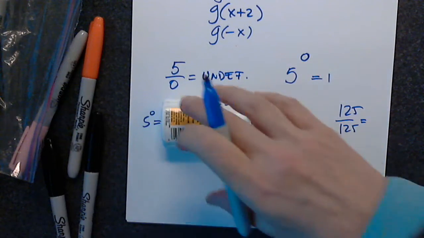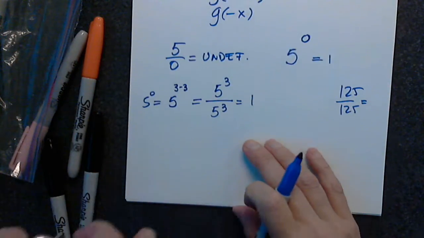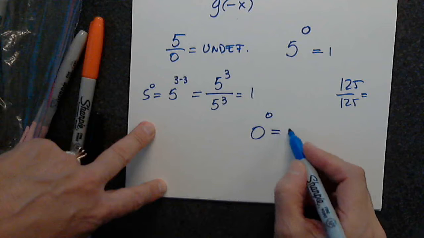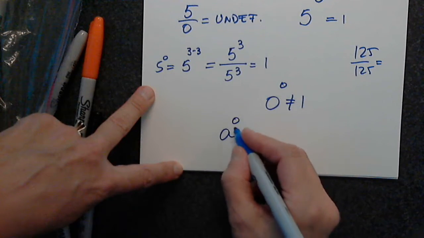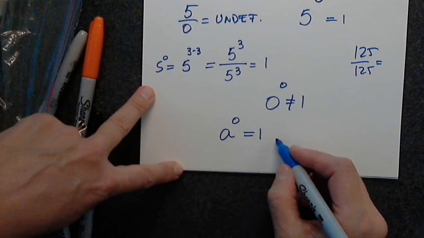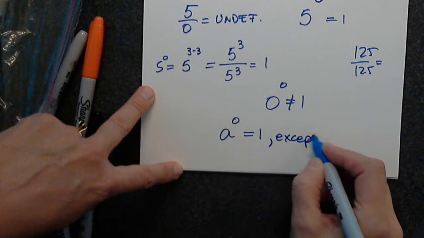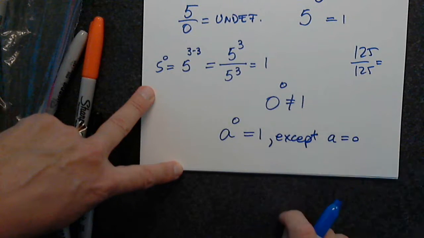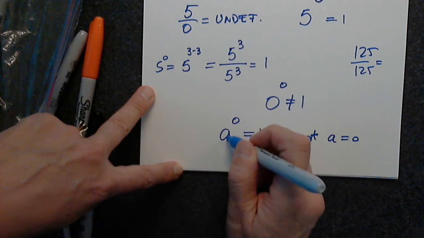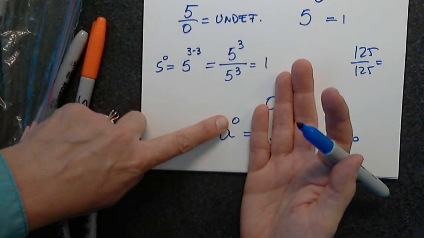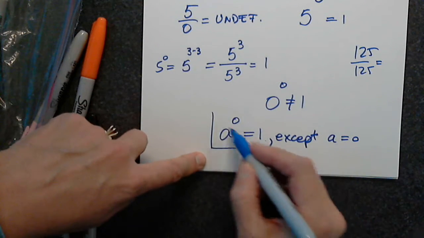It's a very good question. However, I also have to make a comment. 0 raised to 0 is not 1. So a raised to 0 is 1 always, except when a is 0. So as long as the base is not 0, and we raise it to 0 power, we will always get 1.